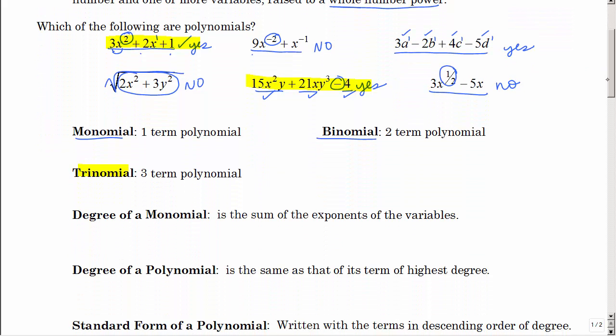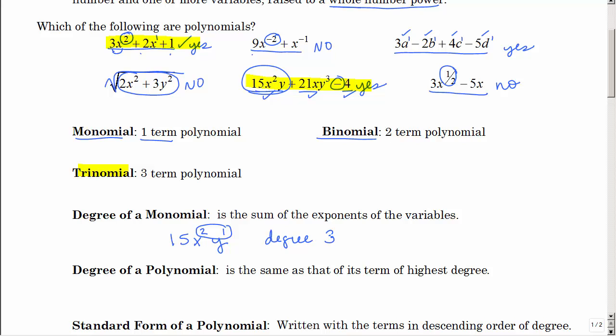Now we need to look at the degree of a monomial. It's the sum of the exponents of the variables. All right, so let's take this part. 15x squared y. That's a monomial because it's one term, but the degree would be 3 because we would add up the sum.